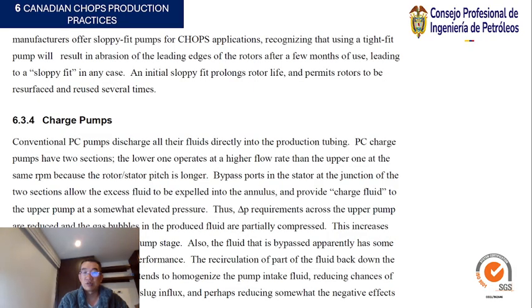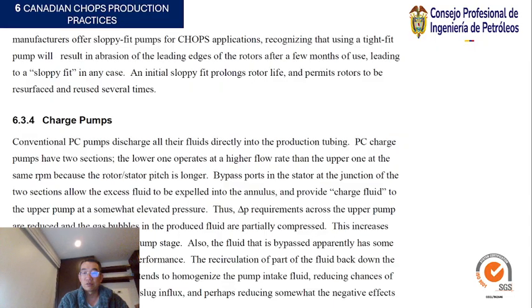Thus, delta P requirements across the upper pump are reduced and the gas bubbles in the produced fluid are partially compressed. This increases the efficiency of the upper PC pump stage. Also, the fluid that is bypassed apparently has some beneficial effects on well performance.